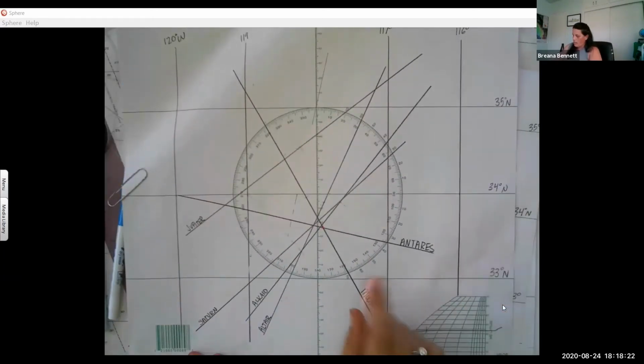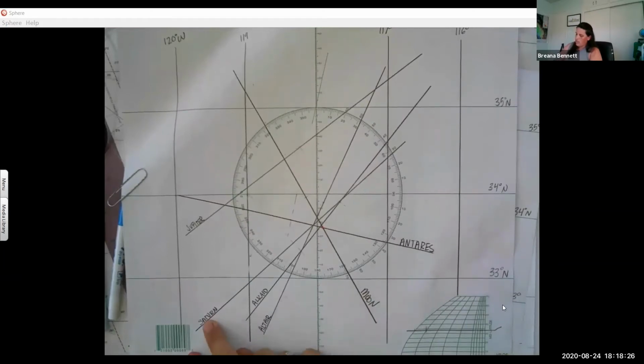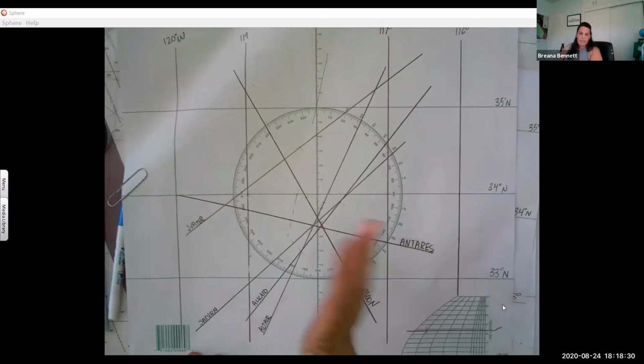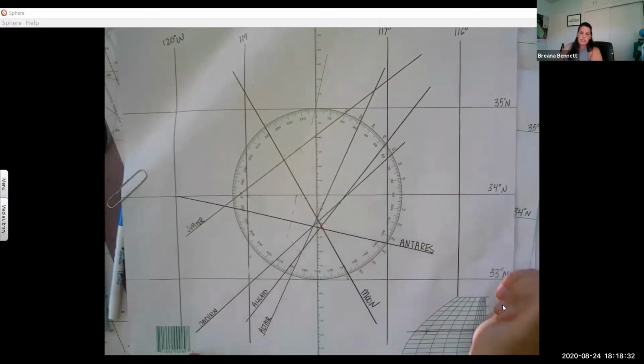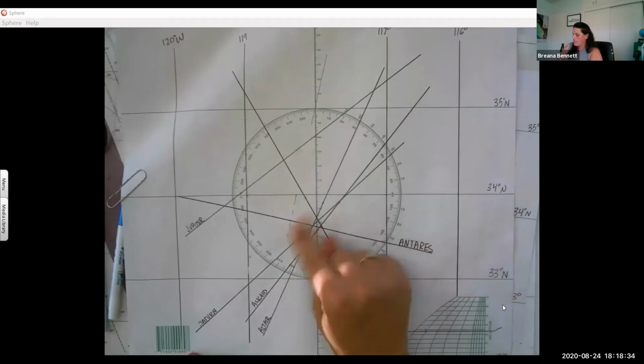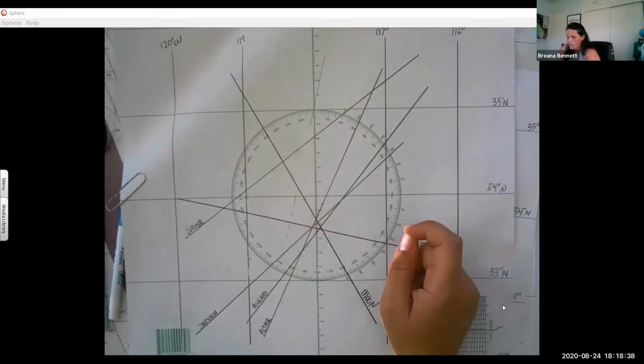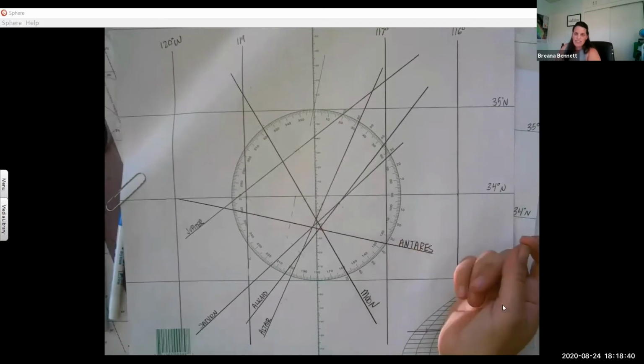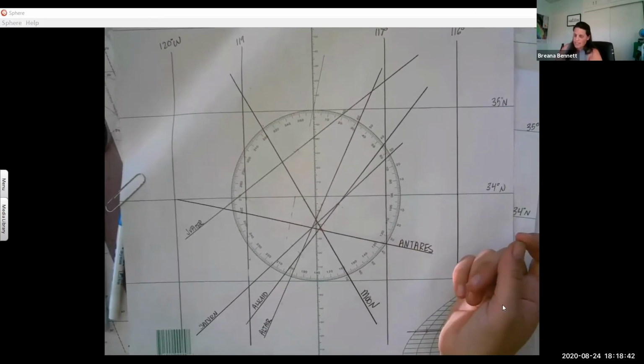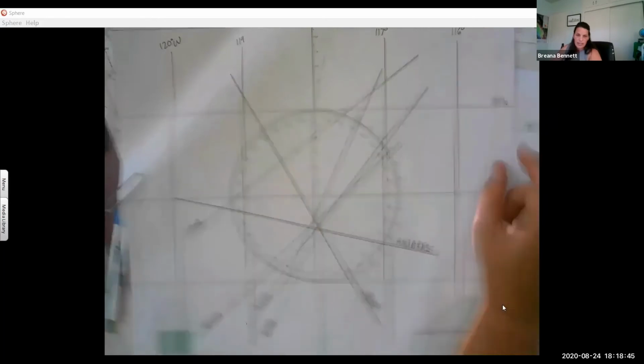We had Altair, Alcade, Saturn all kind of bearing the same, and then Moon and Antares gave us a better cross. But it is, what do we say, a 10-mile triangle, give or take.